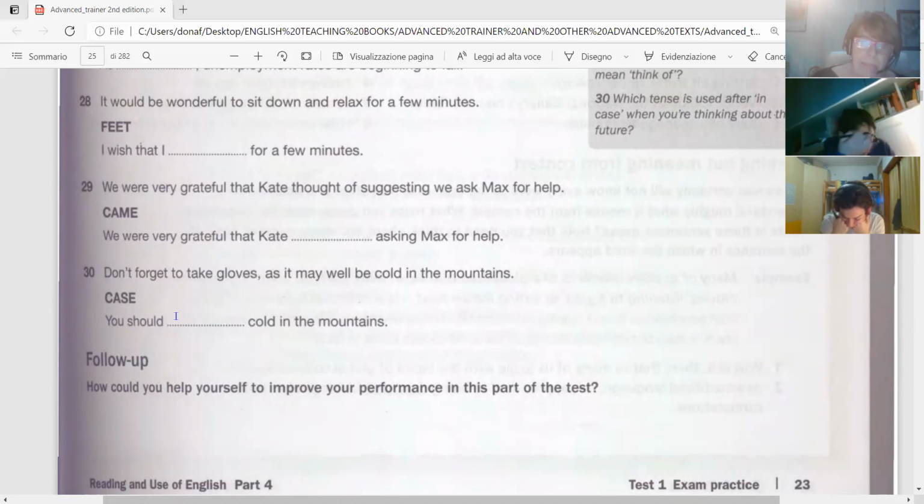Just in case. No. In case it is cold. Yes, it is cold. The unusual thing is that "in case" is usually followed by a verb in the present simple tense.